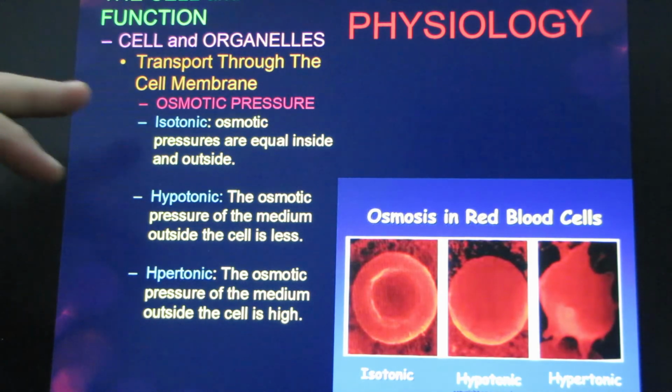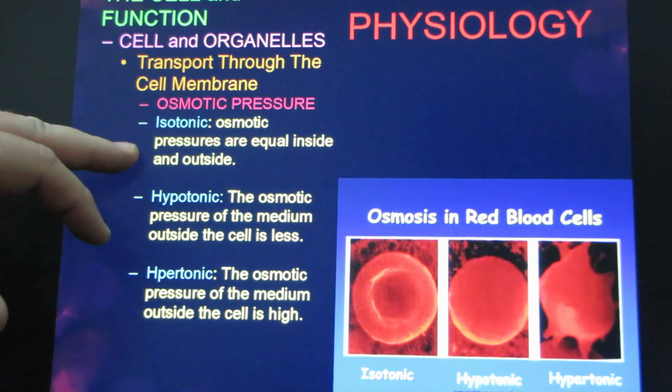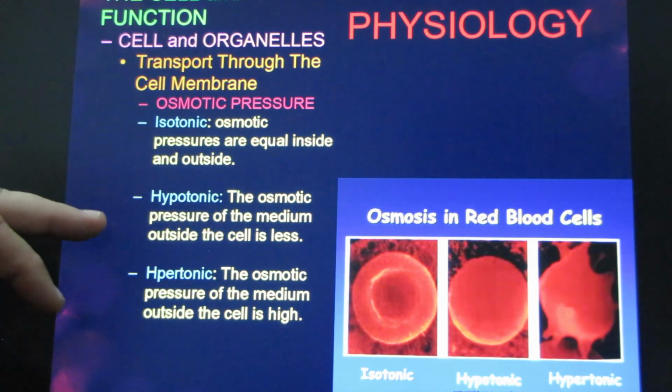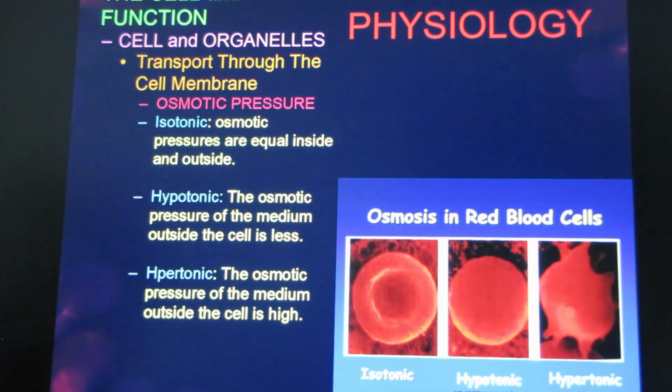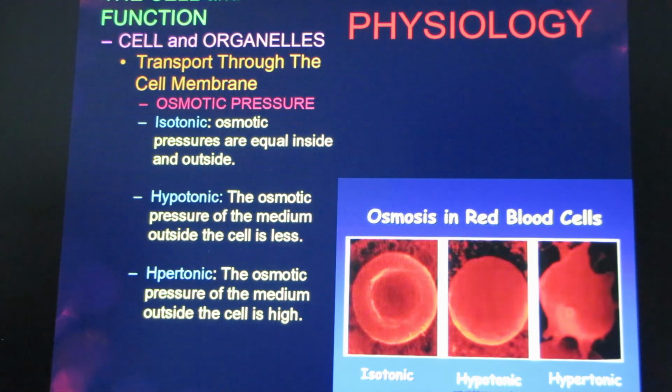So when we say isotonic, osmotic pressures are equal inside and outside of the cell. When we say hypotonic, the osmotic pressure of the medium outside the cell is less. And when we say hypertonic, the osmotic pressure of the medium outside the cell is high.